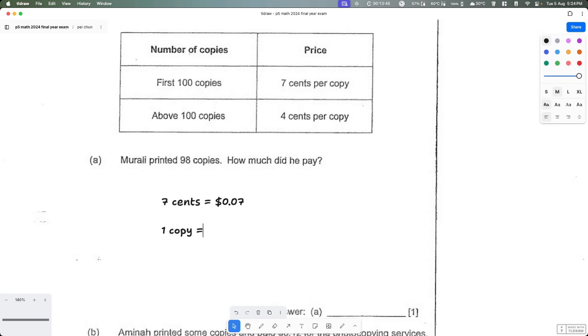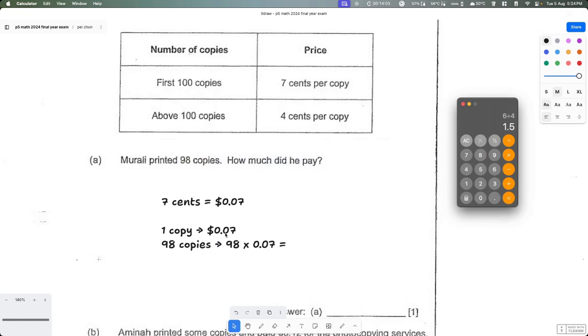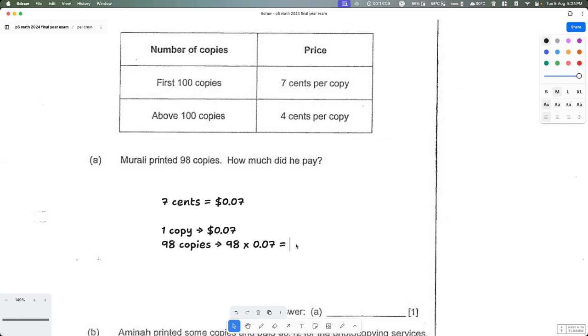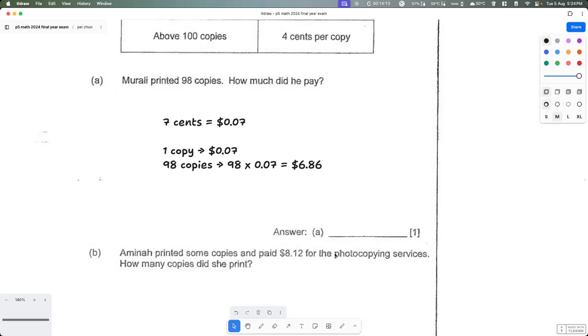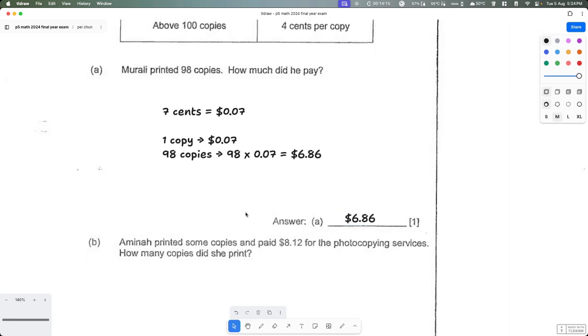One copy is equal to $0.07. Then 98 copies is equal to 98 multiplied by 0.07, and this is $6.86. Okay, let's move on to the next part.